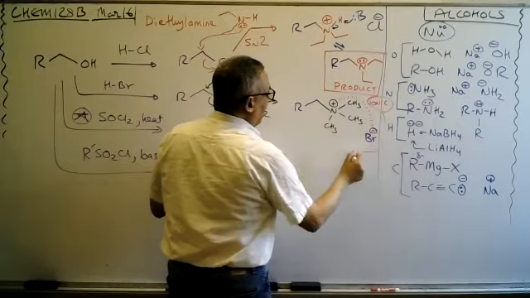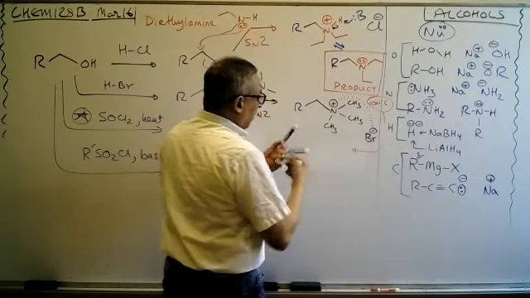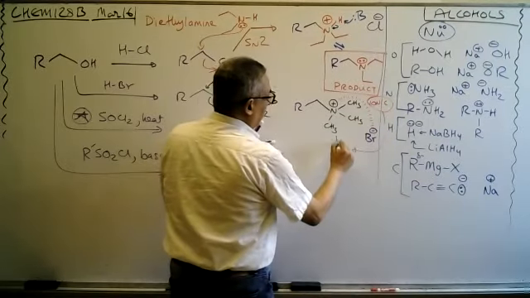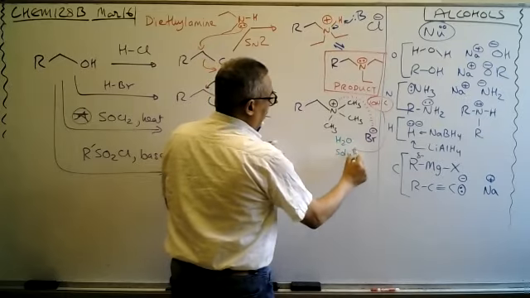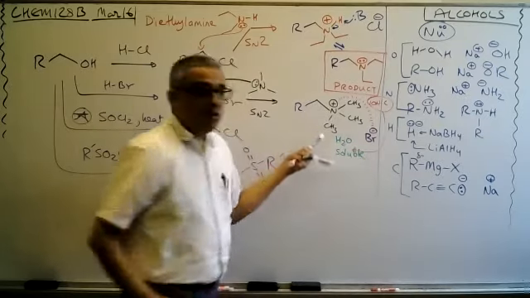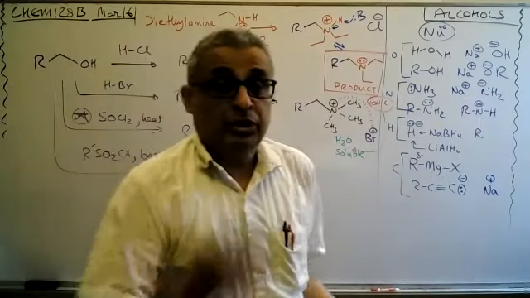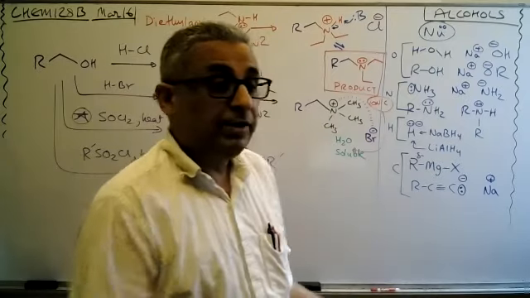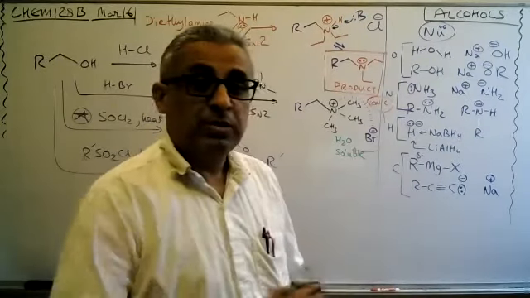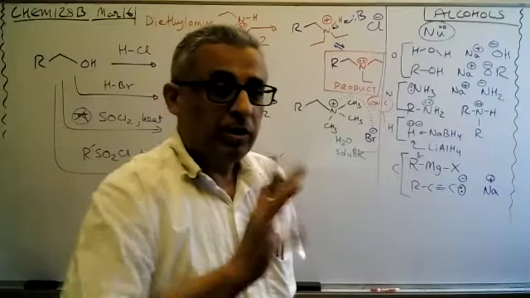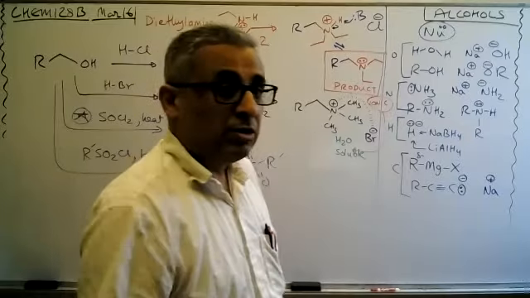Because it's ionic, it's going to be water soluble, very polar. Because it's water soluble, you can wash it off. Everything else is going to remain in your organic solvent. This guy is going to be water soluble, so you can give it a water wash, and this molecule is going to be out.